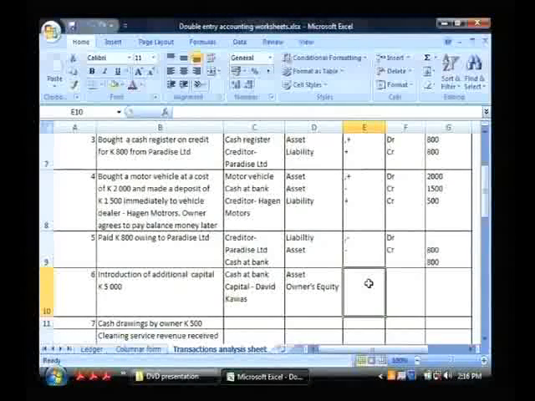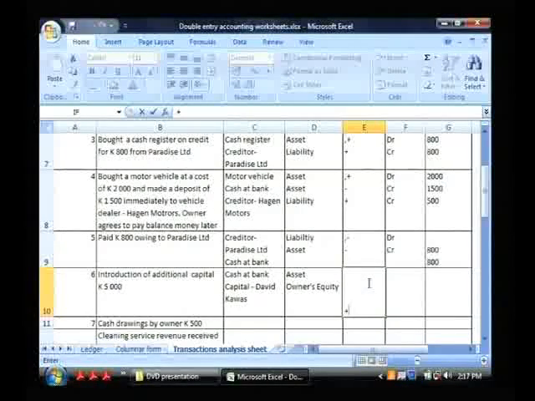Here, when the business receives cash, asset increase by 5,000, right? And owner's equity also increase. Pluses for both.